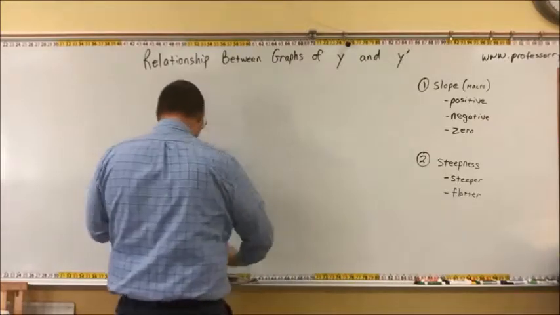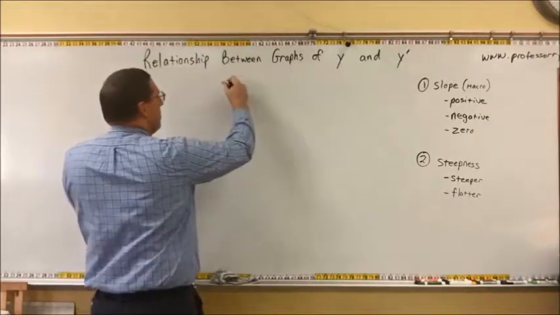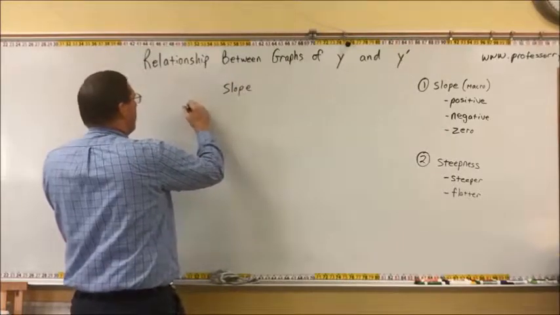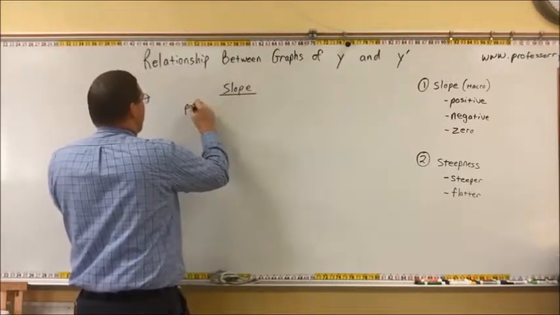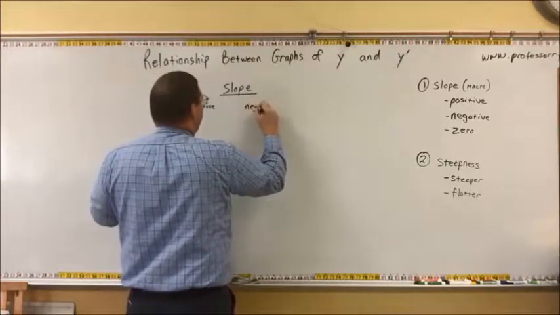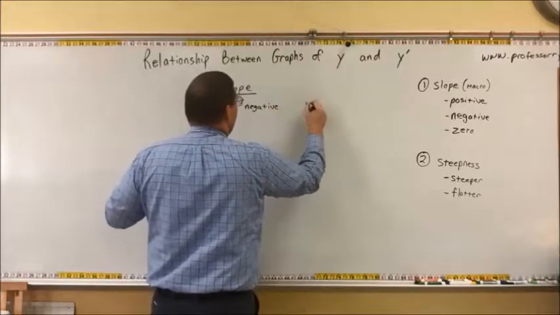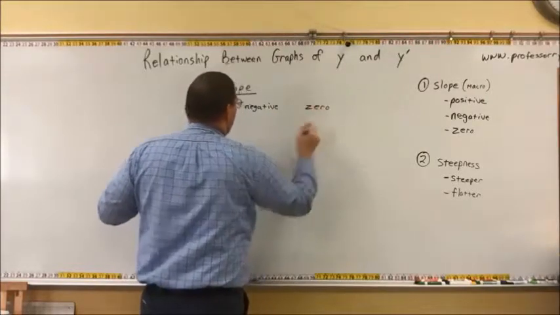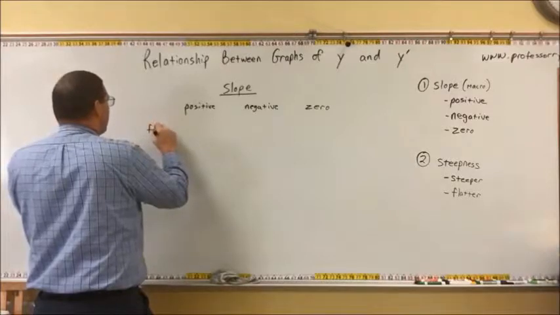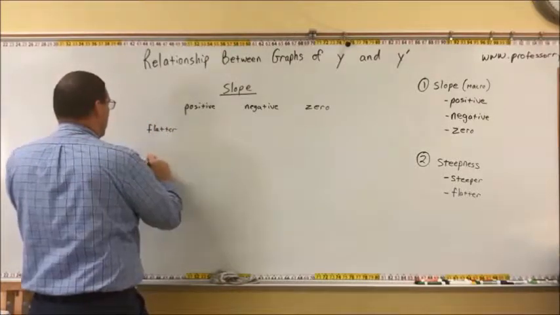I'm going to put slope here, and we're going to say positive, negative, and then 0. And then for steepness, we're going to put flatter or steeper.